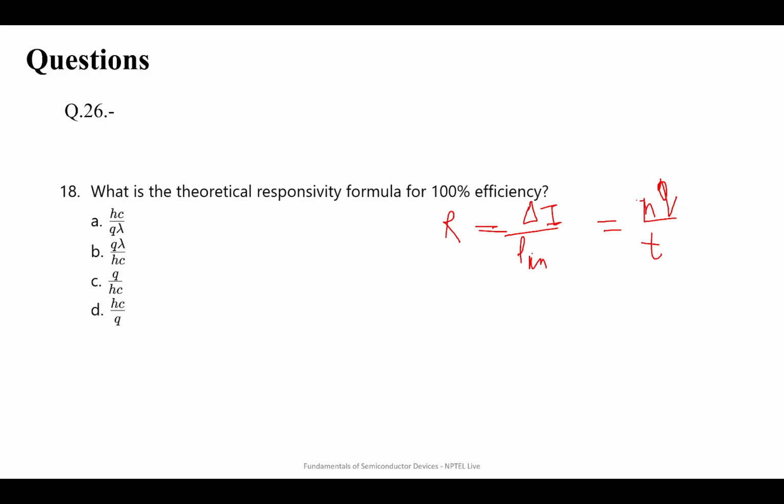N is the number of electron-hole pairs generated, q is the charge of an electron, and t is time, per second, let's say. And P I can write as n E photon by t.